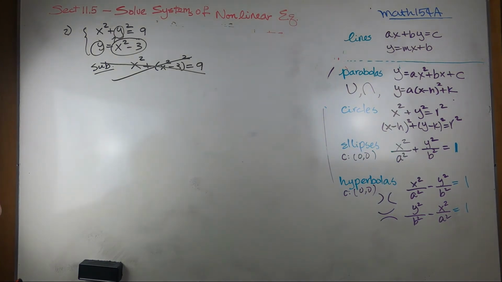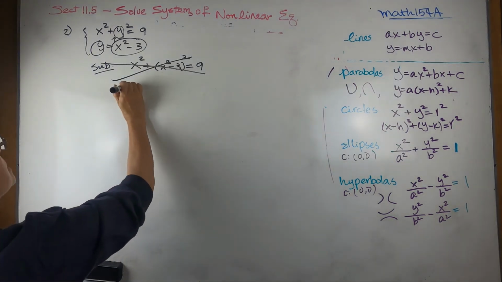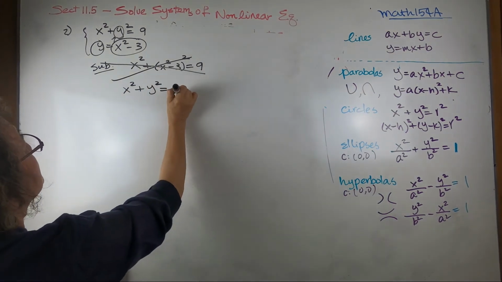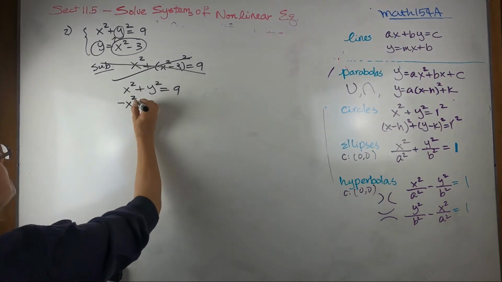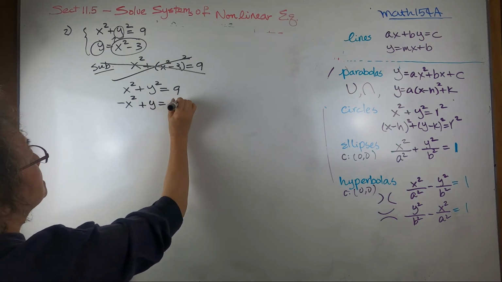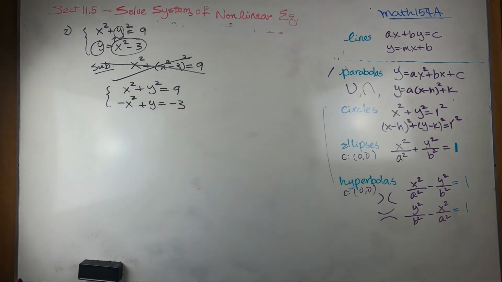So let's try the elimination. But when you do the elimination, you better write it in standard form. That's the first one. This one will move x squared over. That will be next, x squared plus y equals negative 3. Right?